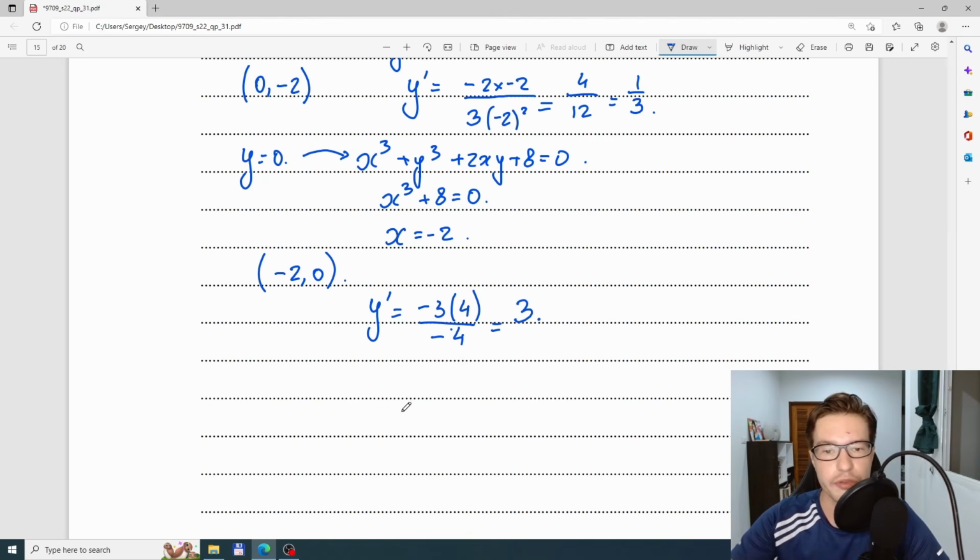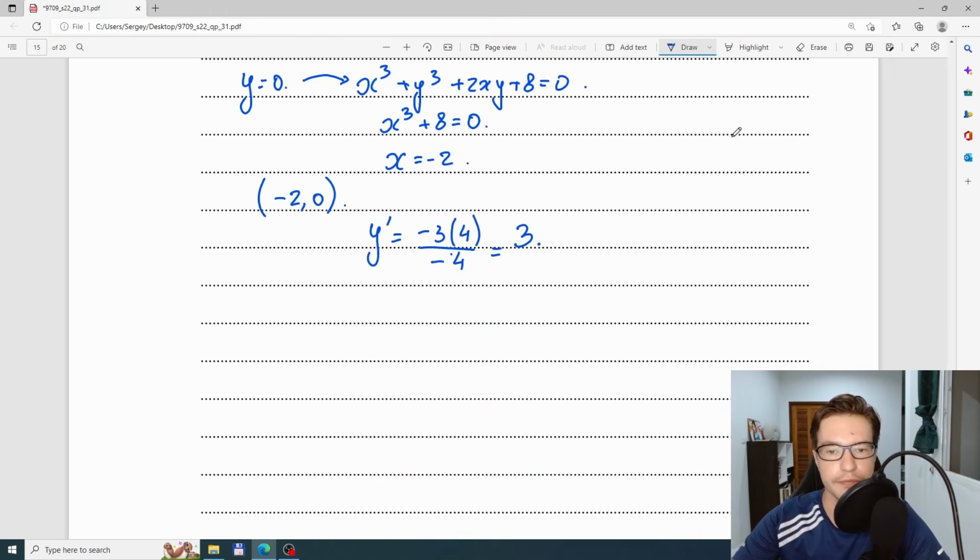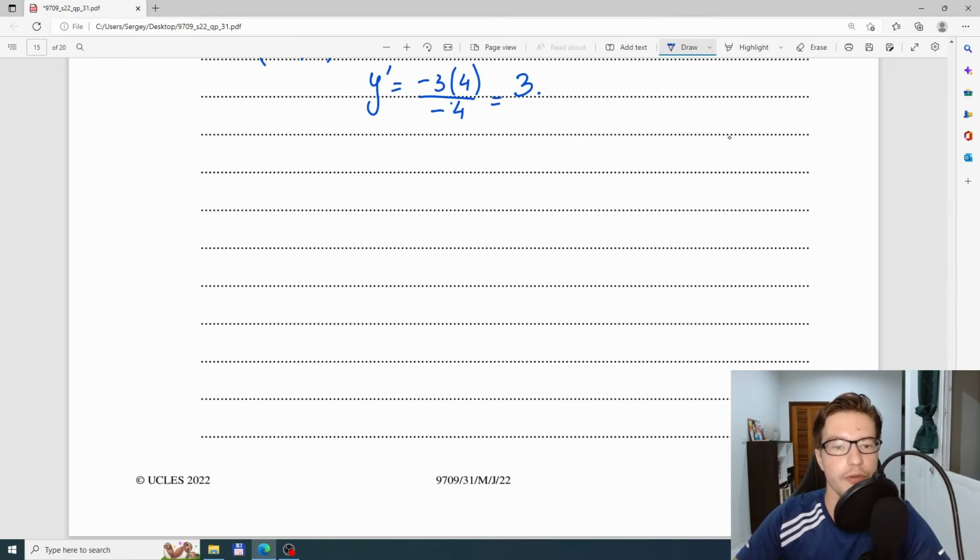So what are we going to do with these values now? Remember, the value of a derivative is actually the tangent of an angle that the tangent line makes with the horizontal line. So what happens at the point of intersection? Let's draw a sketch. We have two lines.